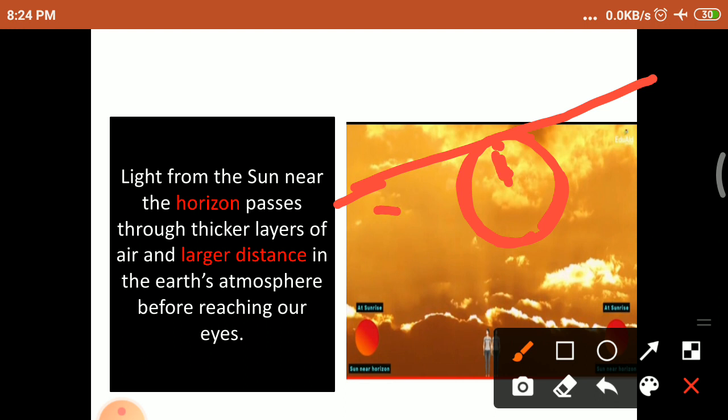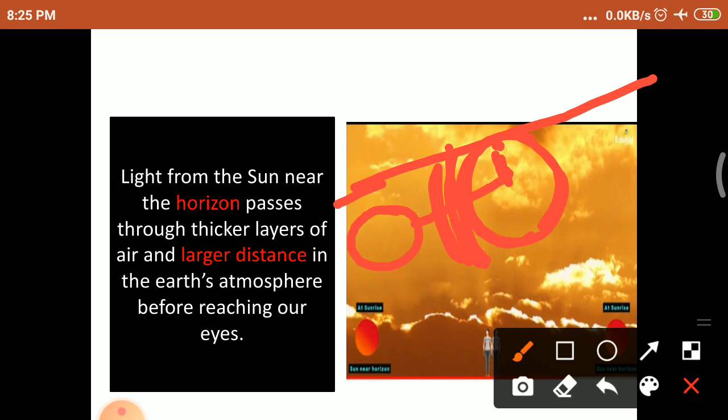During sunrise, the sun is below the horizon. So the sunlight has to travel longer distance to reach our eyes. And this is the earth atmosphere. The earth atmosphere consisting of many small size particles.